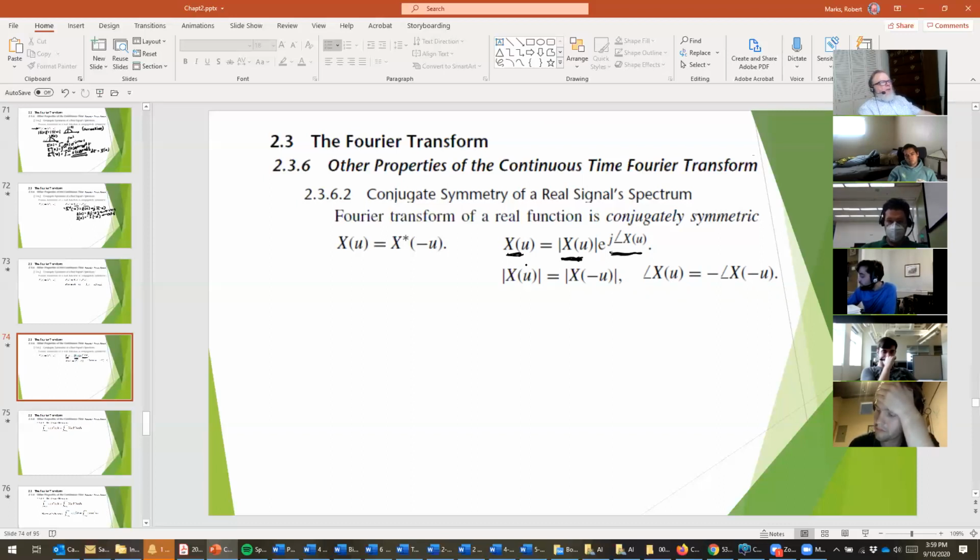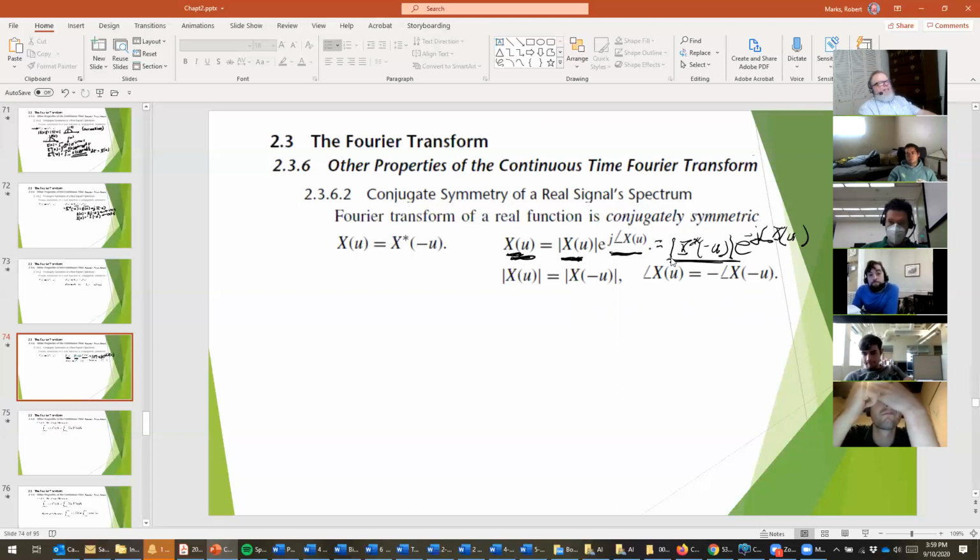Now, if two functions are equal to each other, this, by the way, is equal to x of u times e to the minus j angle of x of u. Because we know that the function is equal to its conjugately symmetric version. So we can put this in here.